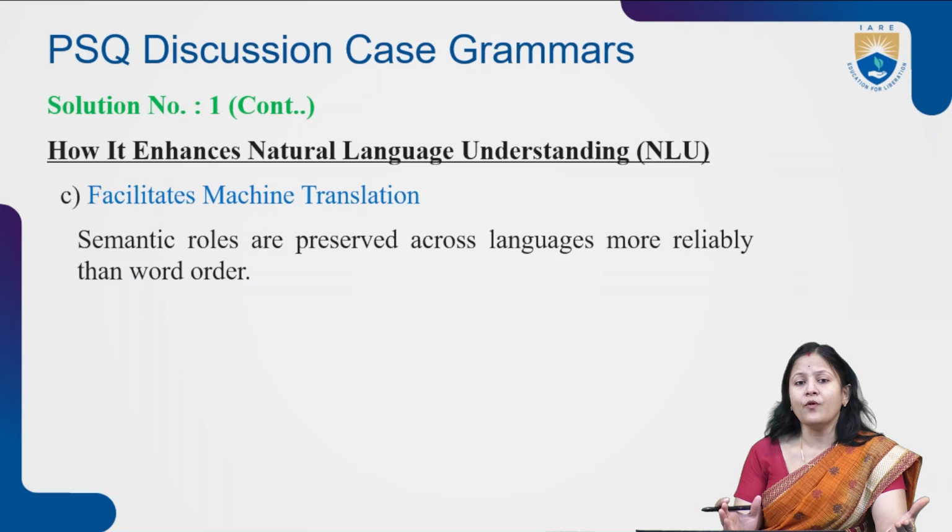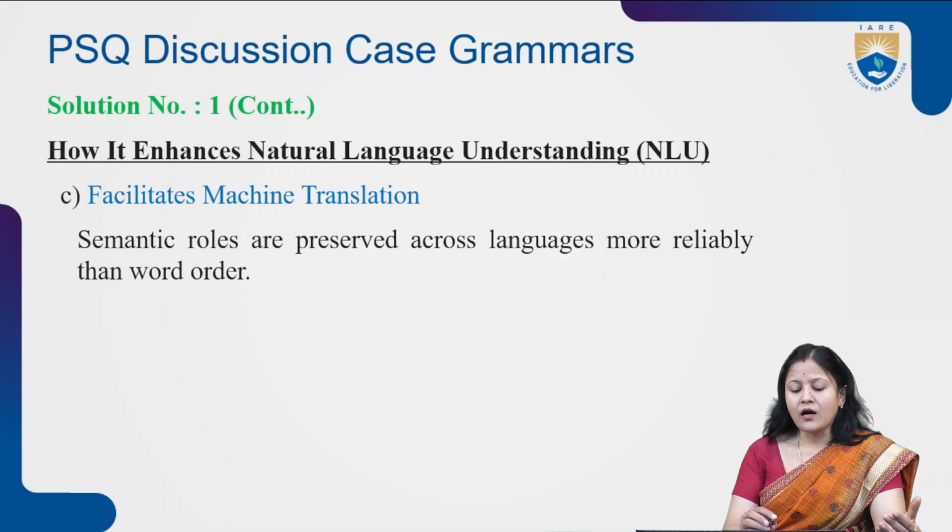That depends upon the type of sentence. That is why different types of cases are there. It's not only the 5-6 cases that I have discussed. Apart from that, so many cases are there: time case, tense case, location case. Suppose a student is going from home to school, then home will be considered as from location, and to location would be the school. Like this we can find all the cases.